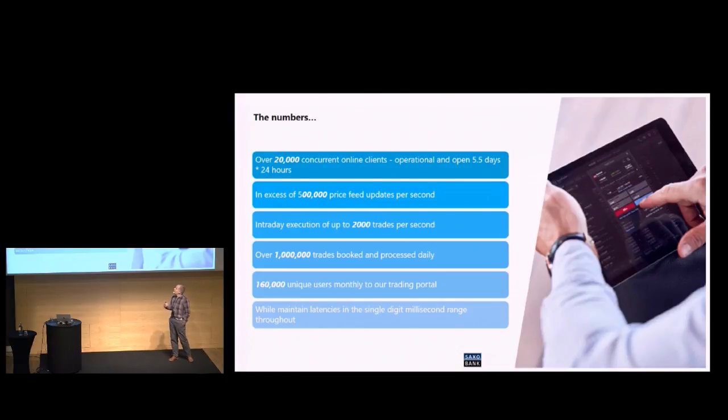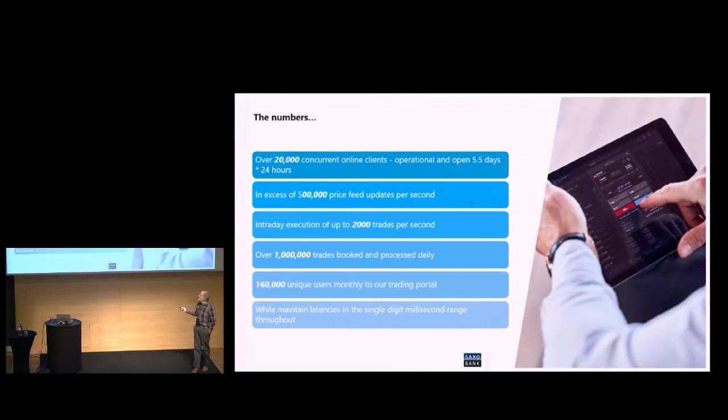We process in excess of 500,000 price updates per second. That's essentially a price coming in, and we might need to react to that price in a very short amount of time, route an order, do something on behalf of a client, and reevaluate the client's holdings based on the price fluctuation.